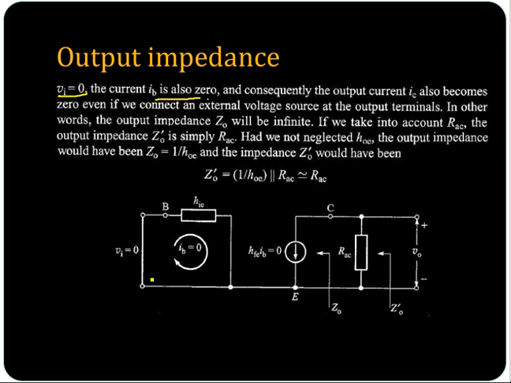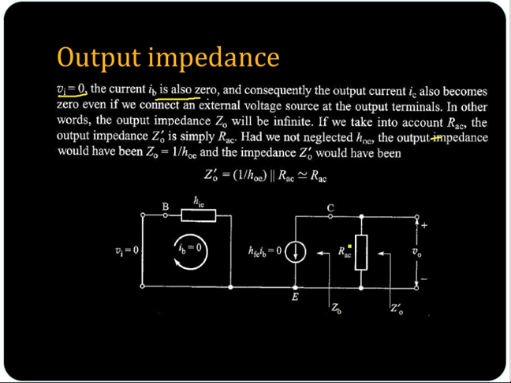If we set VI equal to 0, then IB is also 0, and consequently the output current IC also becomes 0. If IB is 0, then HFE IB is also 0. So even if we connect an external voltage source at the output terminals, this is 0. In other words, the output impedance Z0 will be infinite. Ideally this Z0, if you observe from here, will be infinite.